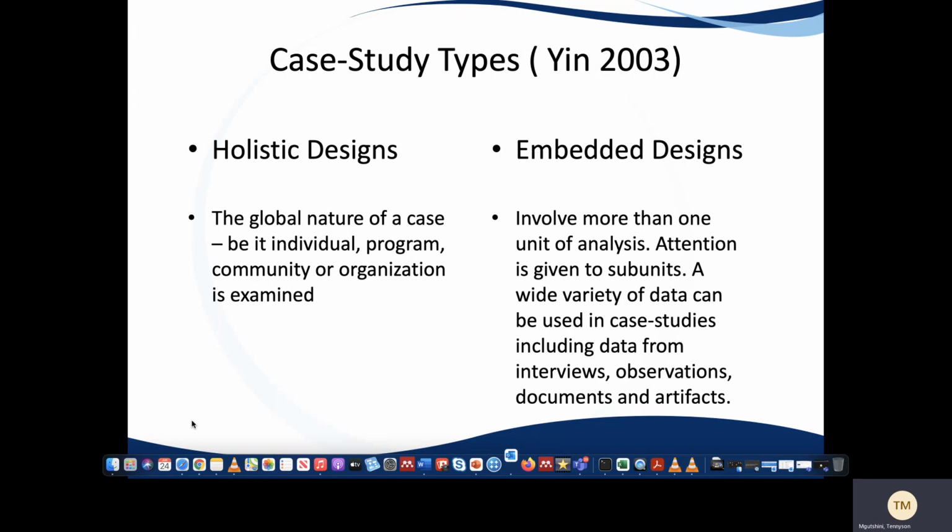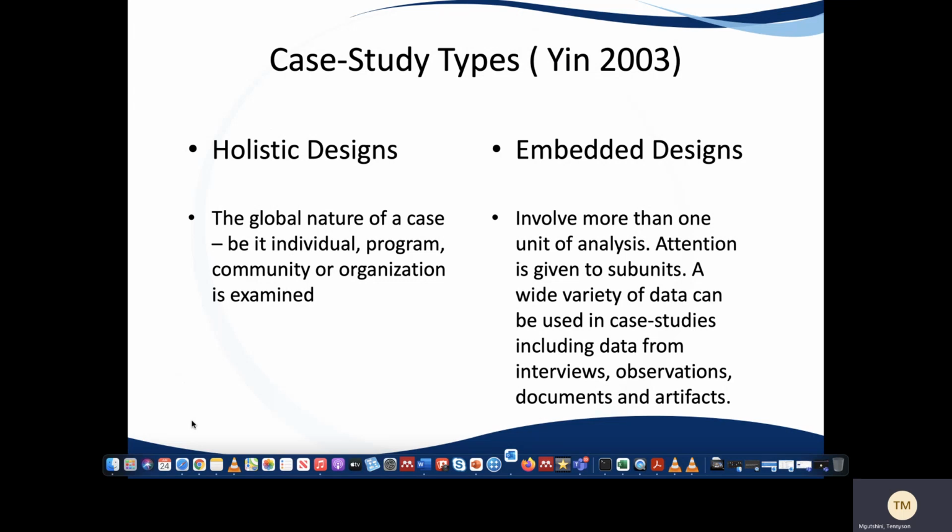So when we talk about holistic designs, we are literally saying that you will treat a case as an entire subject of research on its own. You subject it to the whole range of research processes that you would carry out at a bigger scale.